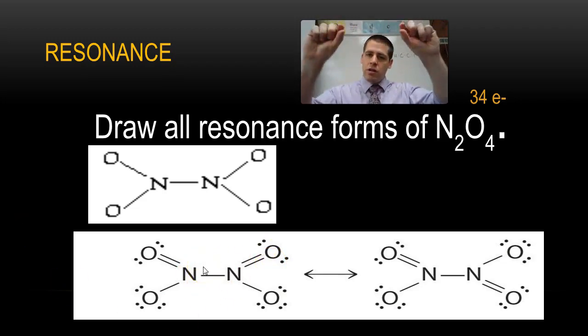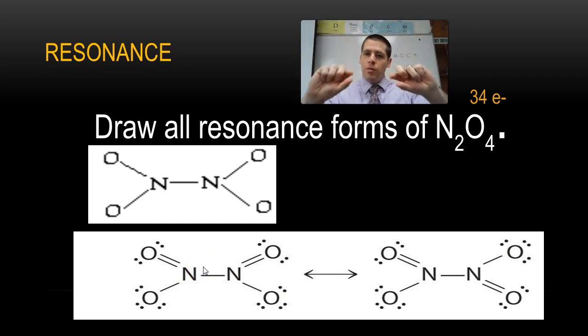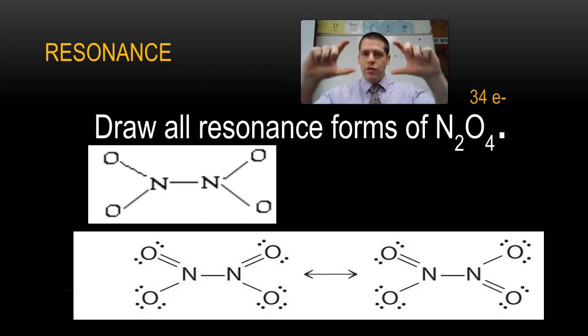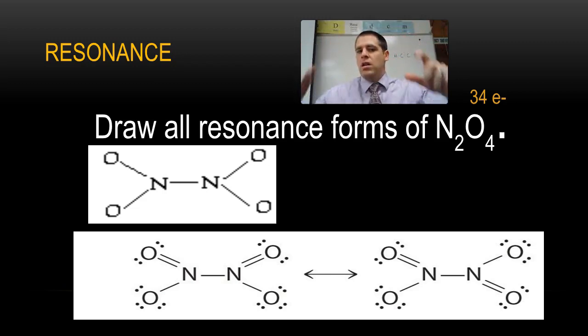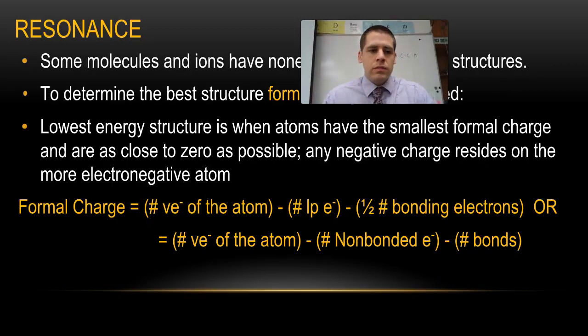If your double bonds are up here and your single bonds are at the bottom, you may think that having the double bonds at the bottom is also a resonance structure. But if you think about it, this is a 3-dimensional object. If you just flip it over, then you have the double bonds on the bottom. And so it's really the exact same structure, just rotated. So there's really just 2 different structures.